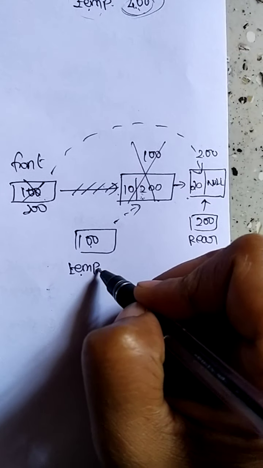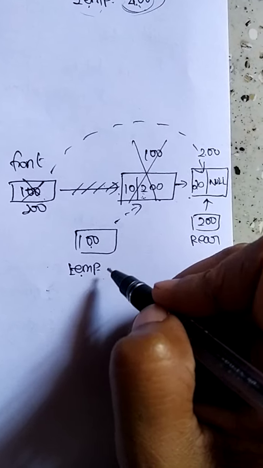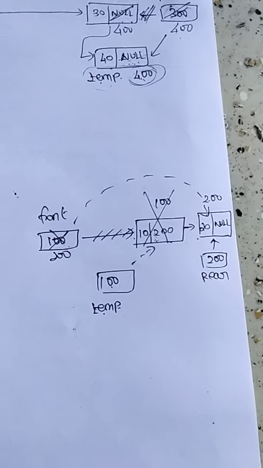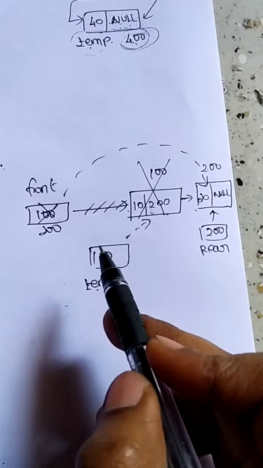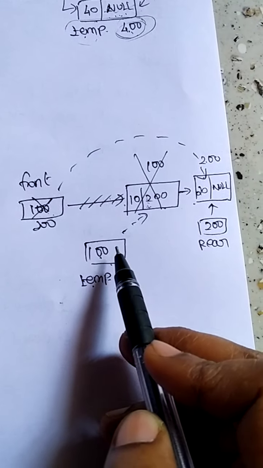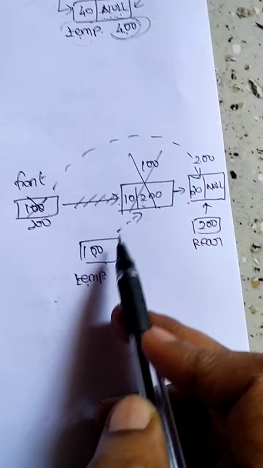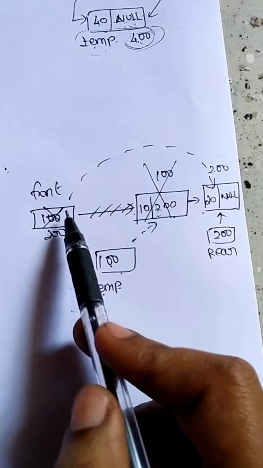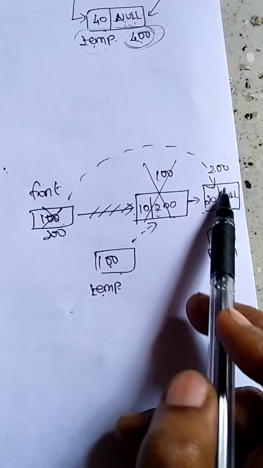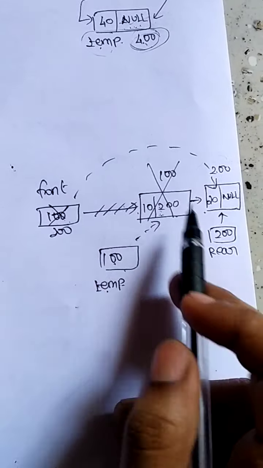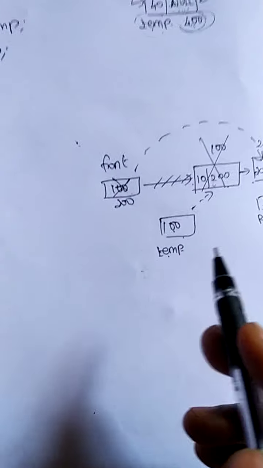Now I can free this temp, because I want to deallocate the memory. So first I have to create a temp variable, and for the temp variable I have to assign the value of the front, so it will be pointing to the first node. Then I have to change the value of front to the address of the second node. Then, since the reference is gone, I can free this node, right? So these are the things I have to do.